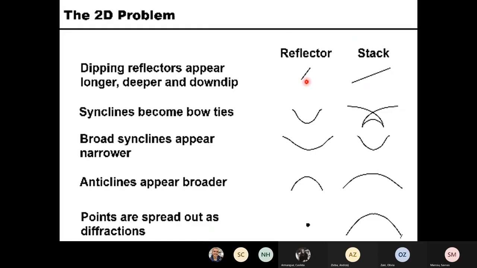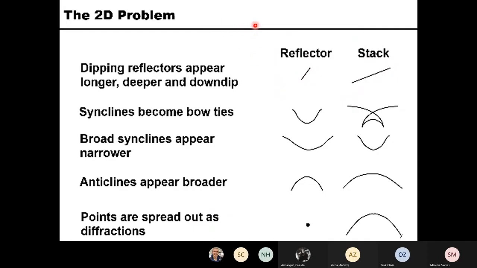That's one thing. Secondly, the length of this line segment in your stack section actually appears longer, right? We can understand this because if you try to find the point perpendicular to this one, it will be here.